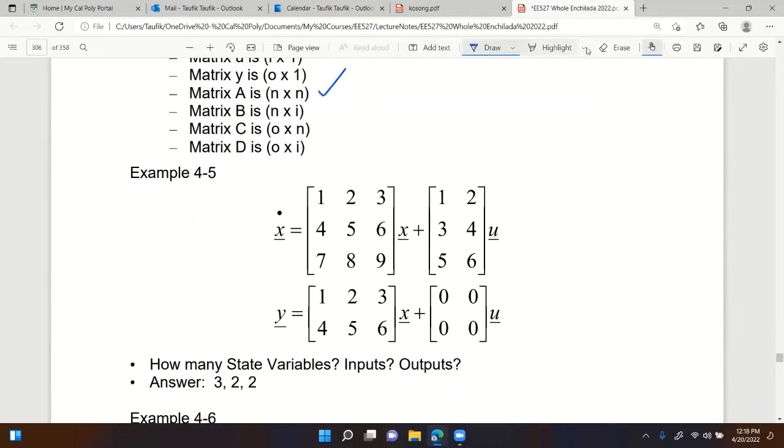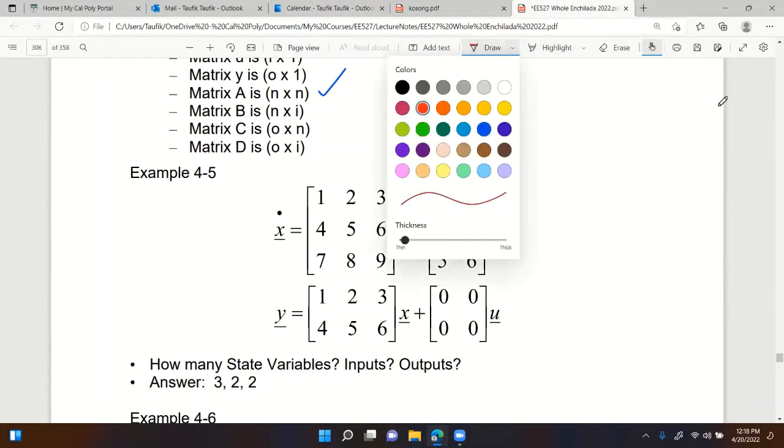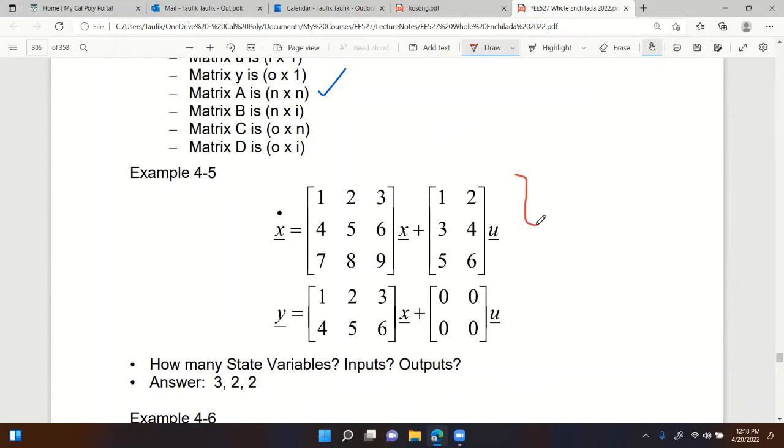So knowing this, for the system represented by the state space equations, I know from the A matrix that n equals 3, right? There are 3 state variables for this system. And then how many inputs? That's going to be the B matrix, n by I. So n is 3, I is 2. Let me write it down. This is 3 by 3. This is 3 by 2.